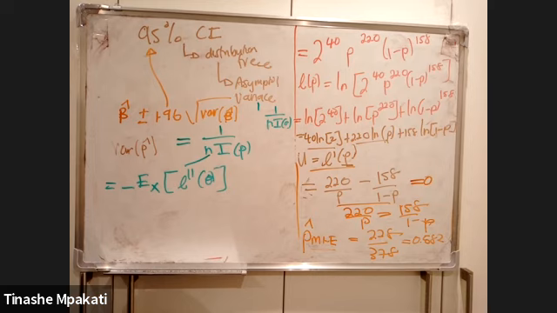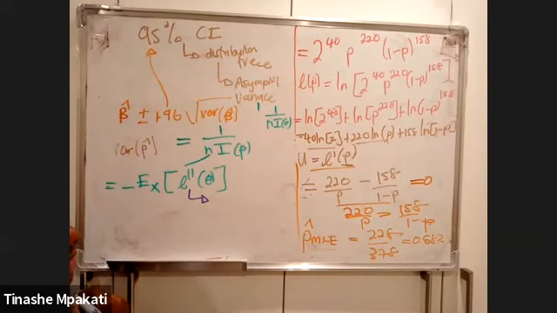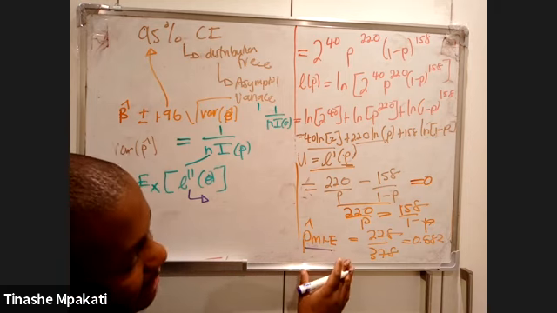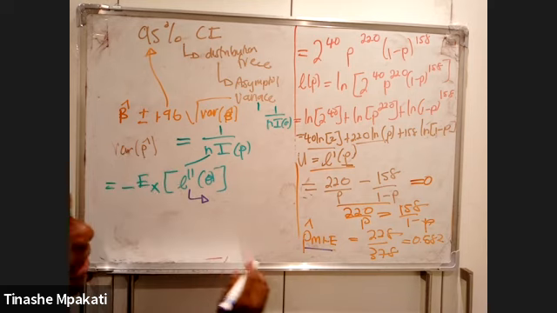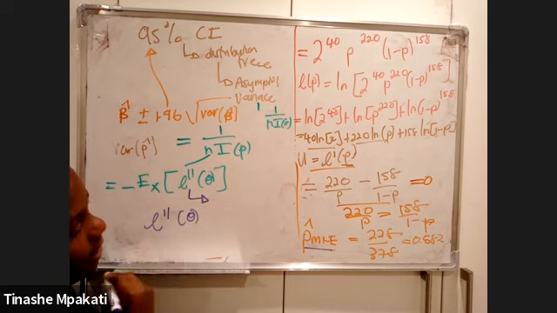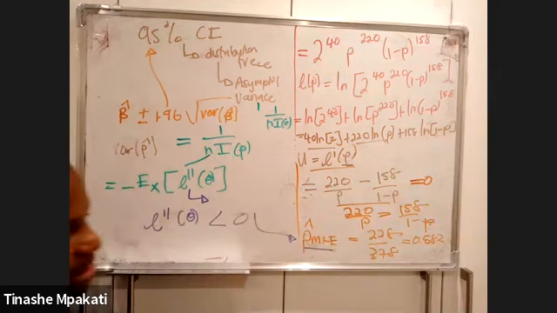The next thing you have to do, also very important, which I mentioned earlier, is that in most cases you would already have this, because this is maximizing. When you get an answer, it's always important to find the second derivative of your log likelihood function, and if it's less than 0, then what you had there is a maximum.